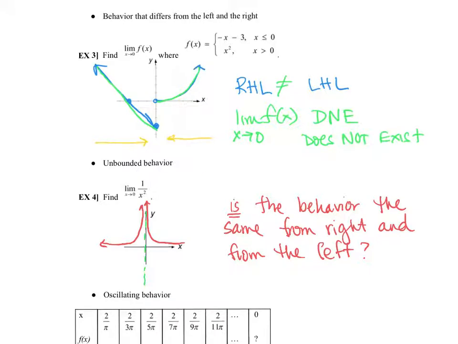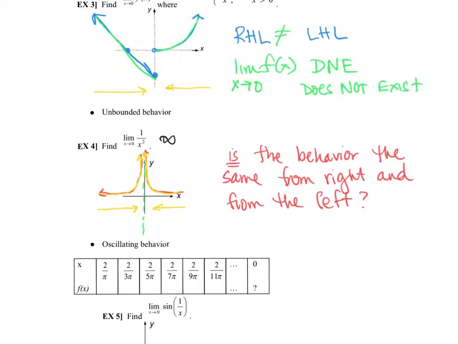So when we say right-hand limit and left-hand limit, coming from the left, coming from the right, both of these pieces of our function approach the same behavior. So in this case, we say the limit is infinity. I know in math analysis you would say that that limit doesn't exist, but the behavior from the right and the behavior from the left is the same, so we say that it does exist.